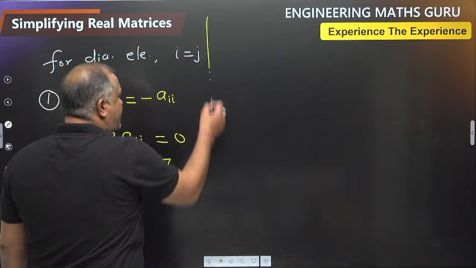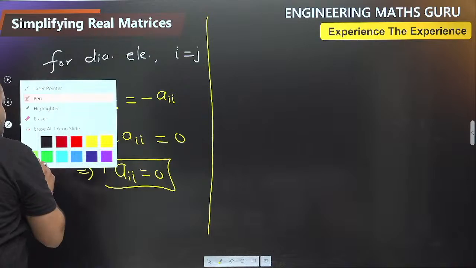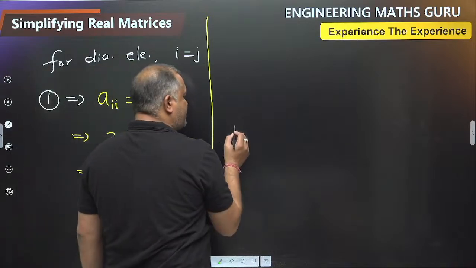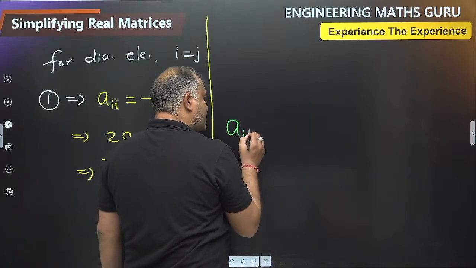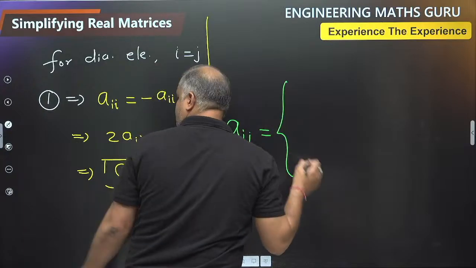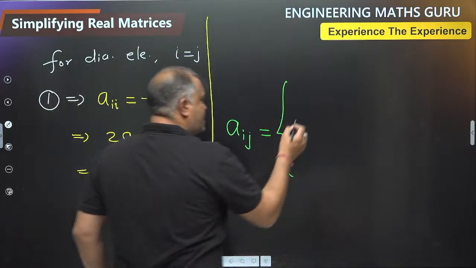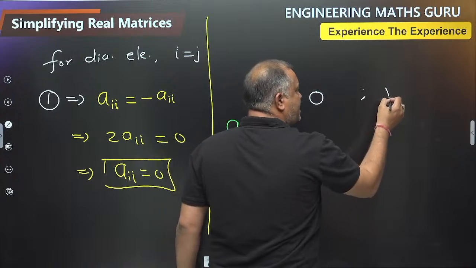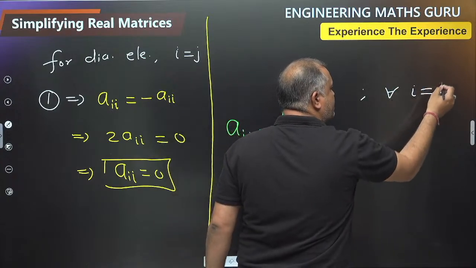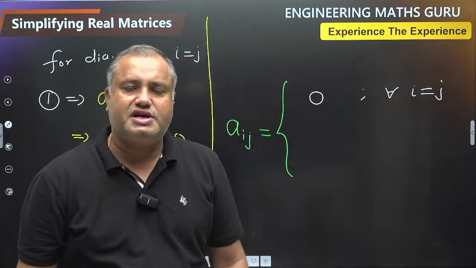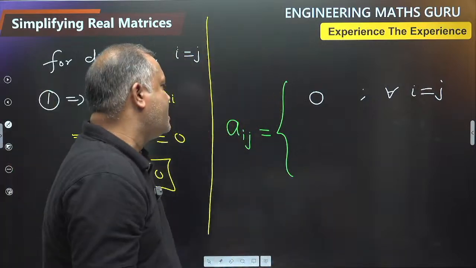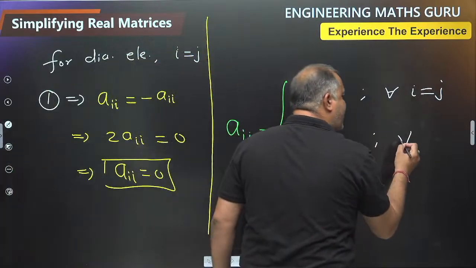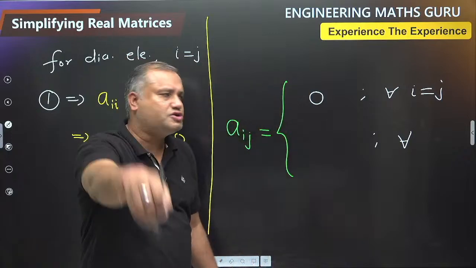So I am going to write an element level definition for skew symmetric matrix. So a ij is an element of skew symmetric matrix. Yes sir. So this element will be 0 if we are talking about diagonal, that is i equal to j. i equal to j is the condition standing for the diagonal elements, and if I say I am not on the diagonal, it means i is not equal to j.